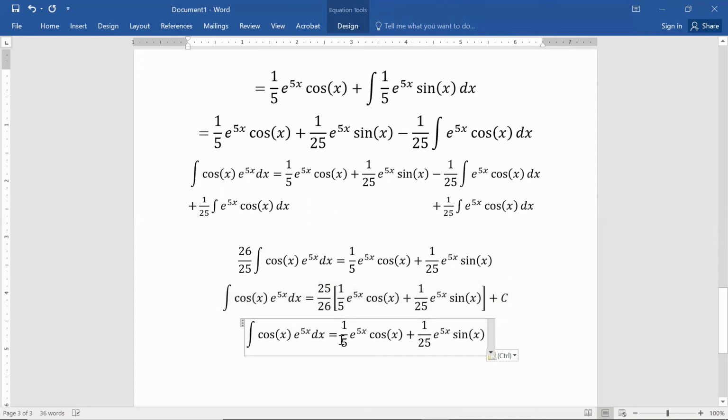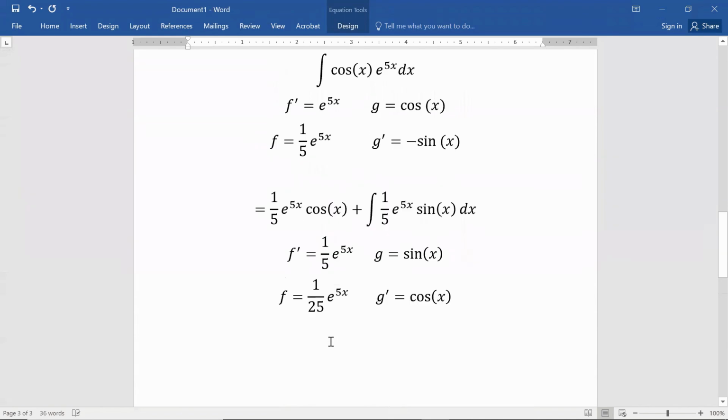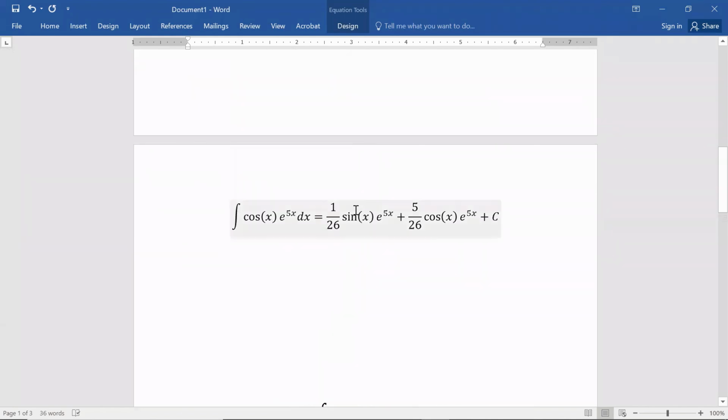I claim this is the same thing as what we just found, because when you distribute 25 over 26 times this, you get 5 over 26 e to the 5x cosine x plus 1 over 26 e to the 5x sine x plus your constant of c.